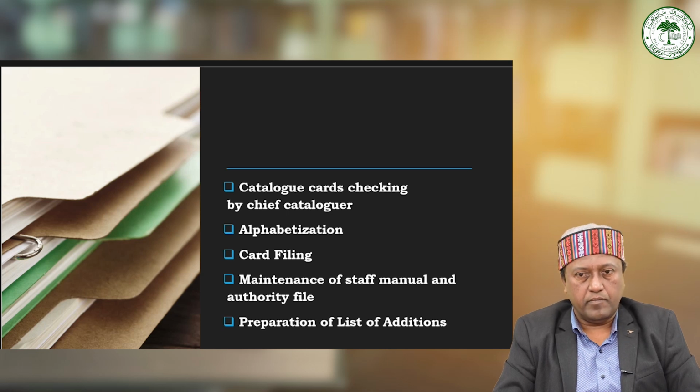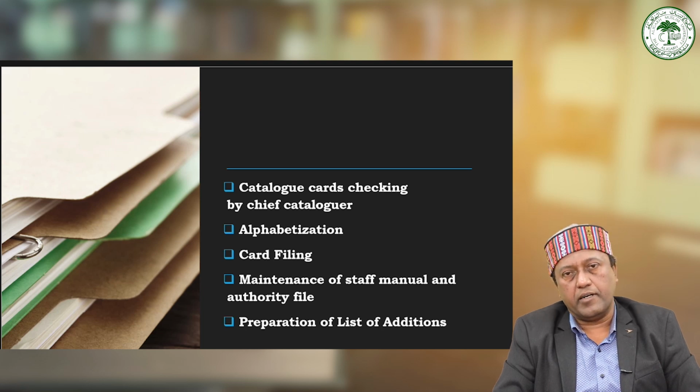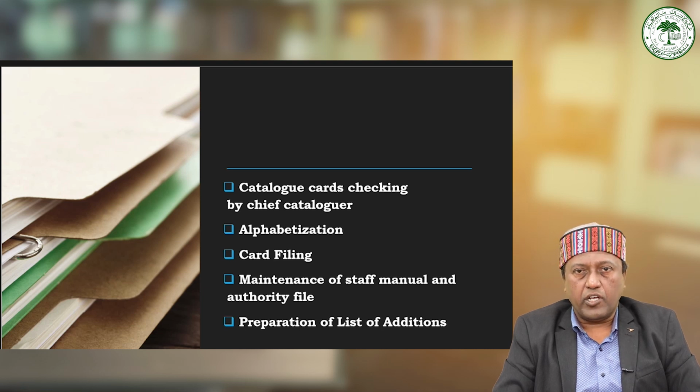And it has to be filed in the catalog cabinet. We are talking about the main entry and the added entries; those will go in the catalog cabinet. Whereas the shelf list cards, on the other hand, are arranged in a classified order based on the library's classification system.